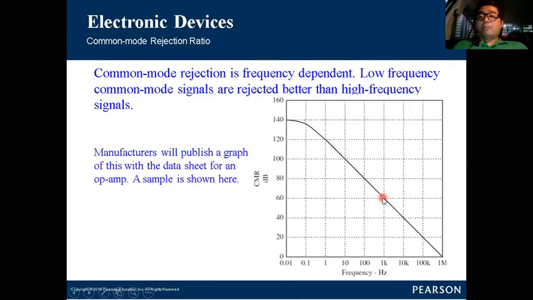Ang magiging CMRR natin dito is 60 decibels. So compared with this one, mas maganda itong mas mabababang frequency compared dito sa higher frequency. But hindi naman pwedeng puro mabababang frequency na lang ipapasok natin. Of course, different signals have different frequencies. What if yung signal natin merong mataas na frequency component and others have low frequency components?